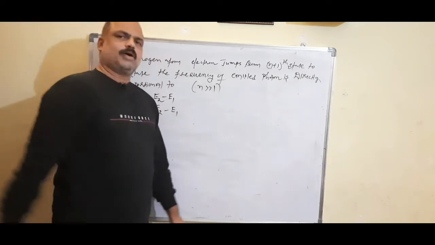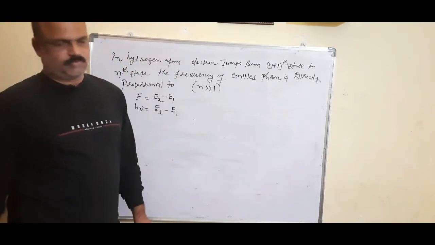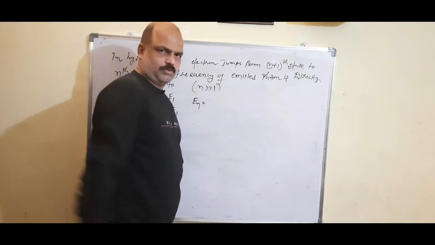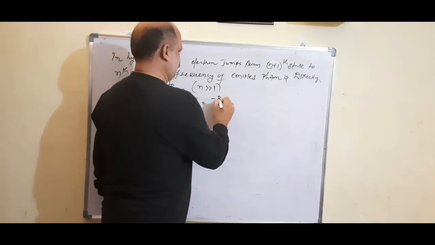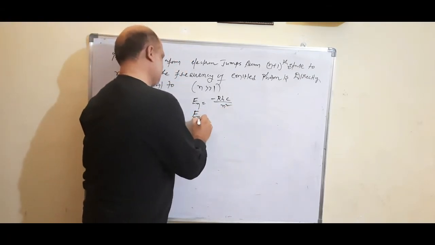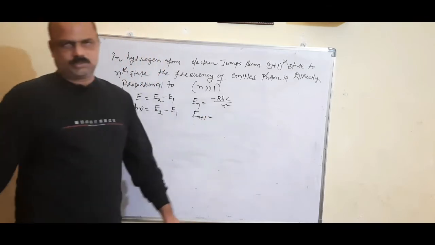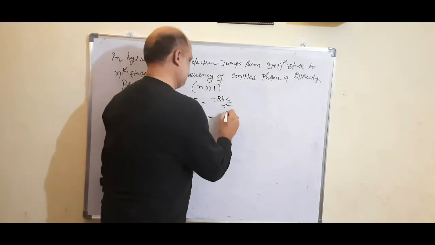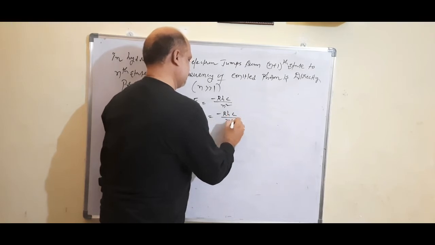When the electron is in the nth orbit, what is the energy in that orbit? En is equal to, we know that formula, minus RhC by n square. When the electron is in the n plus 1 orbit, the energy is minus RhC by n plus 1 whole square.